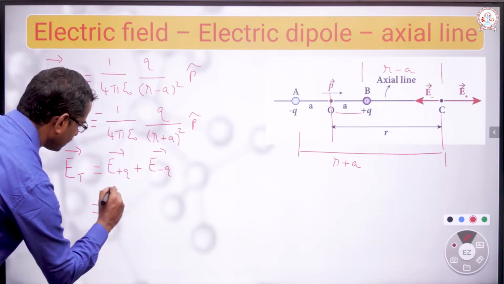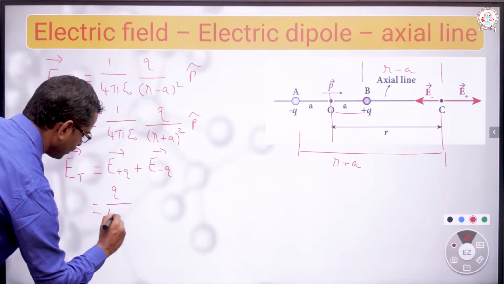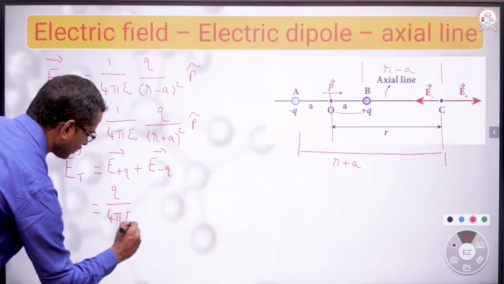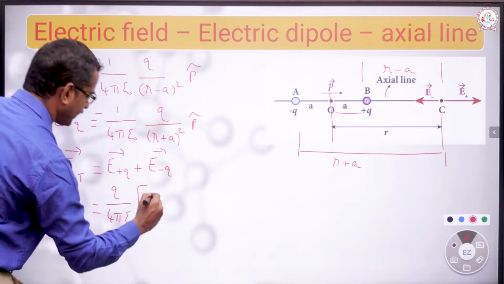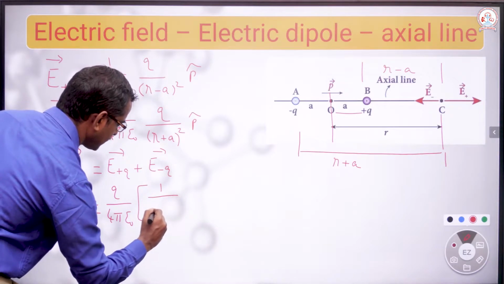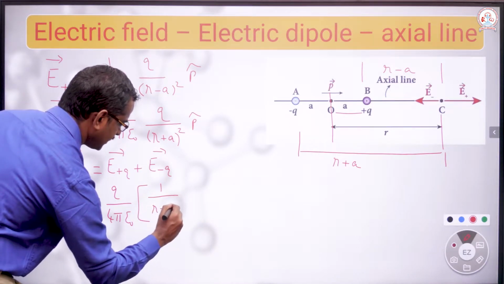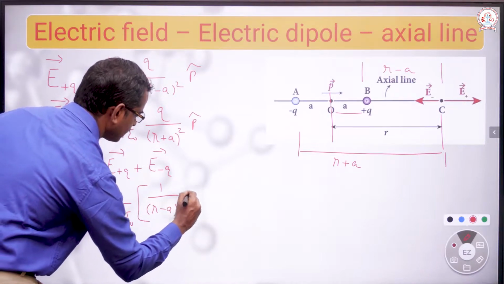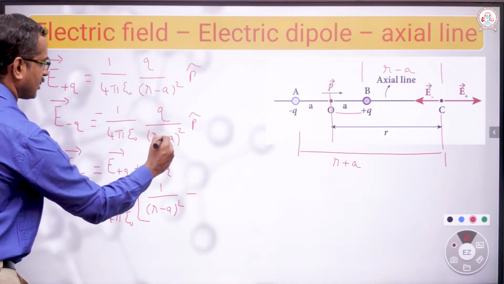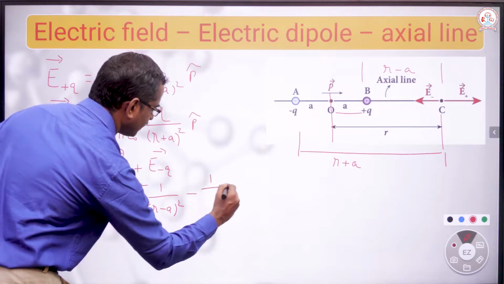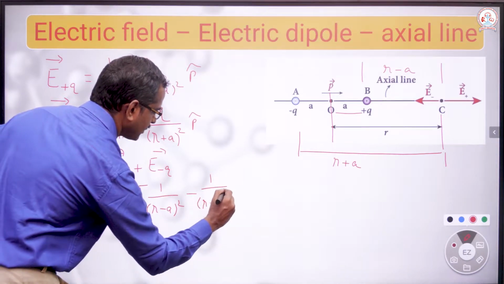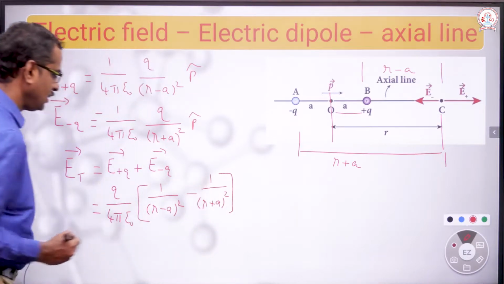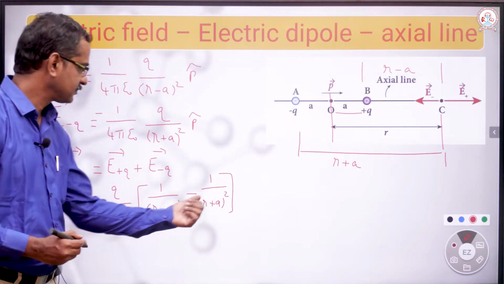Here we have 1 divided by r minus a whole square, minus 1 divided by r plus a whole square.